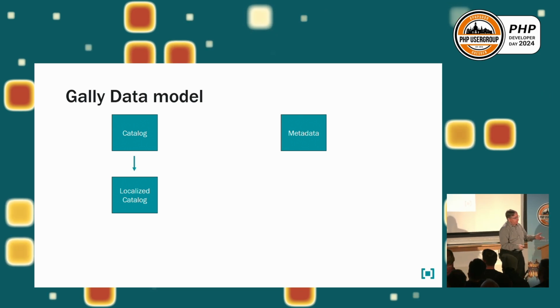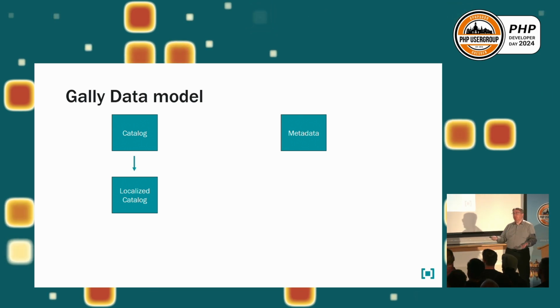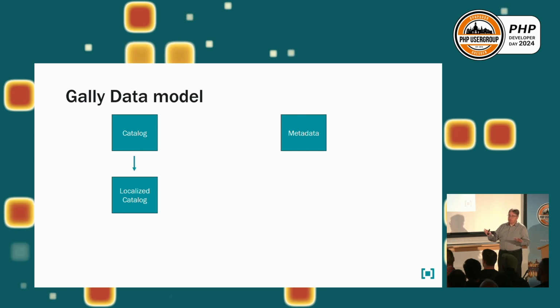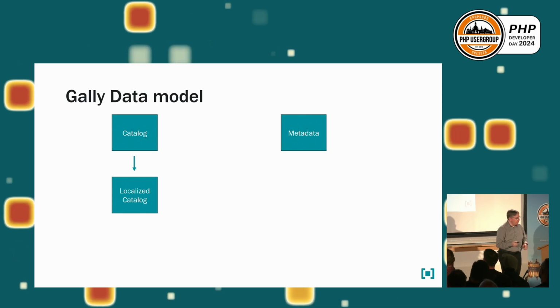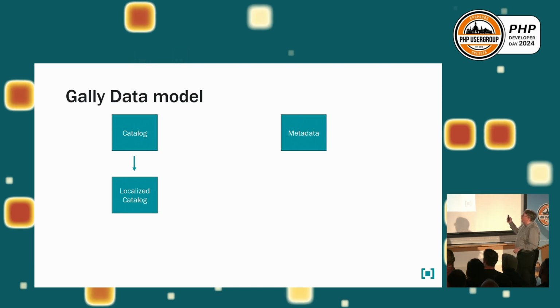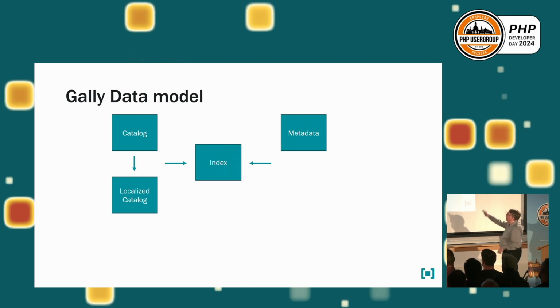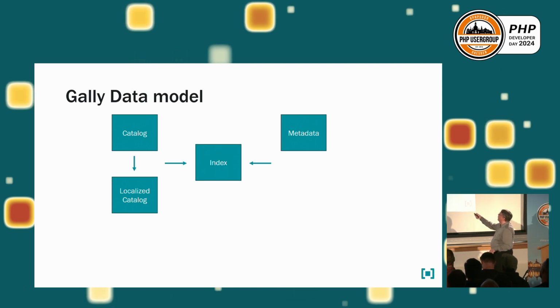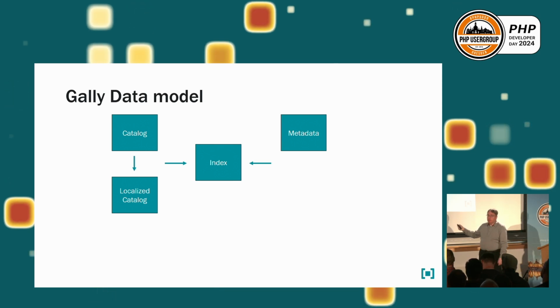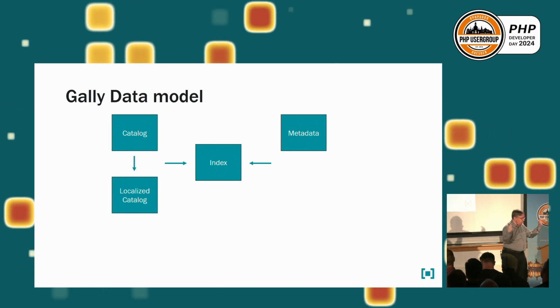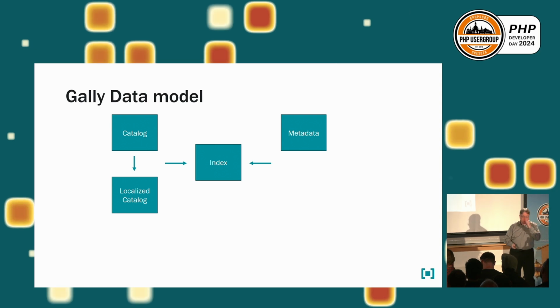And you can extend it just by doing a bunch of API calls, so you don't need to write code, which is pretty amazing, as you will see in a minute. And then what combines both the metadata on the right and the localized catalog is the Elasticsearch index. So that's the connector of both parts.